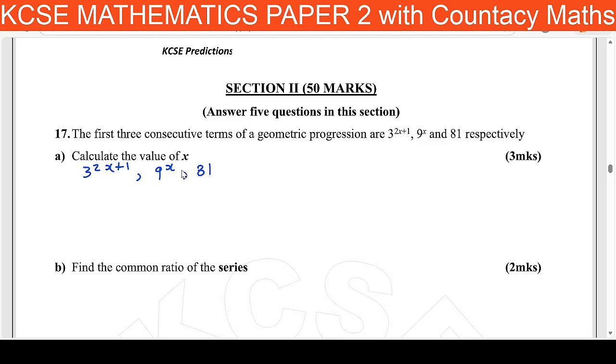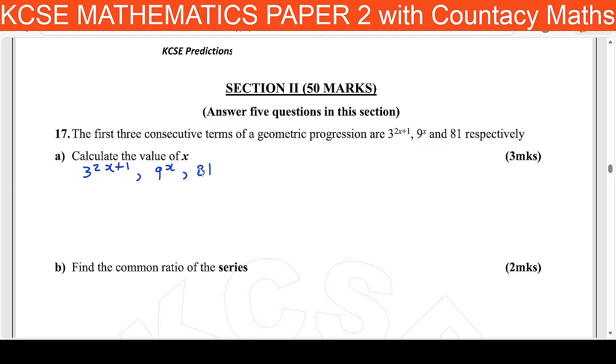One particular thing is being tested here, and that is whether you know how the terms relate in a geometric progression. When you pick any consecutive term, say 9 to power x, and divide by the term that appeared previously, that should give you the common ratio of these terms.